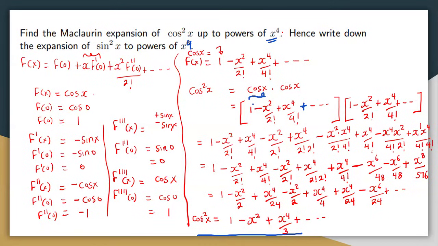I want you to take note that if you continue differentiating this cos x to get another series, you'll notice that you have something like x power 6 out of, what is 6 factorial?